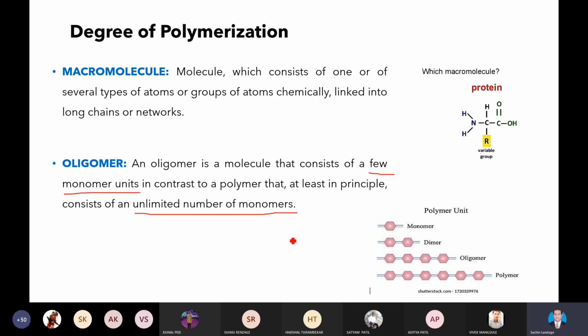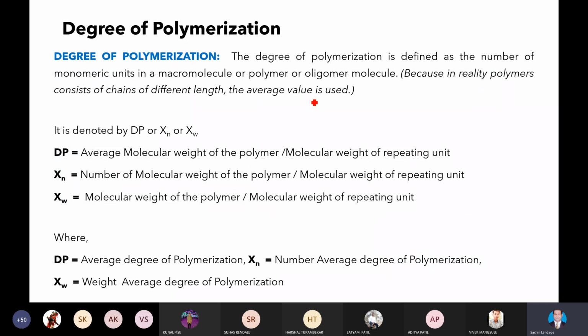All the polymer chains will not have exactly 1000 DP. For example, suppose it is 6 here. All the polymer you get will not have the same number. That number may be larger: instead of 6, we might get 8 or 10, or instead of 6, we might get 4 or 5. So generally we have to take the average value, and it is always written as DP bar.